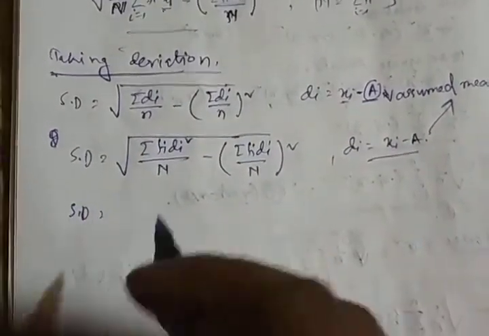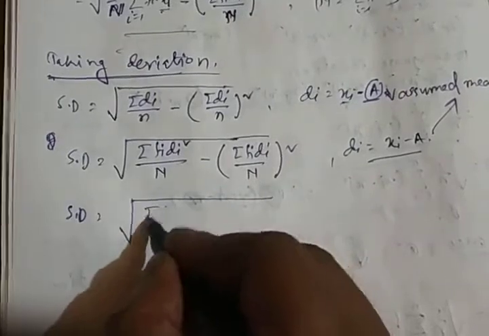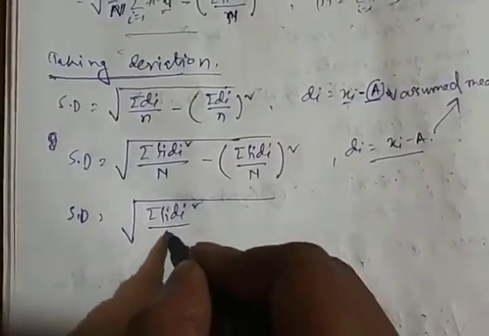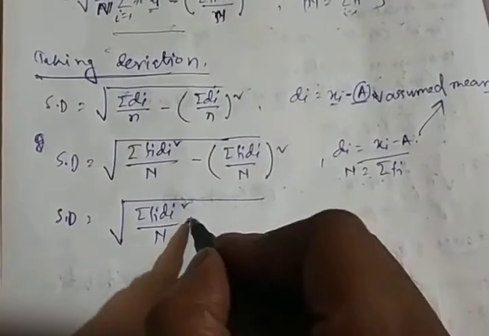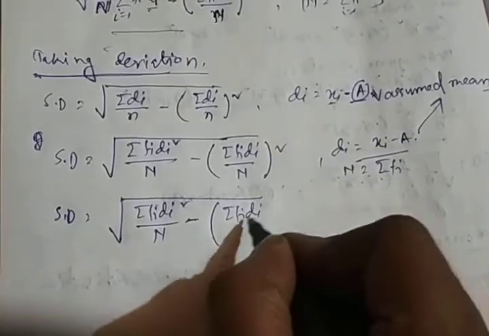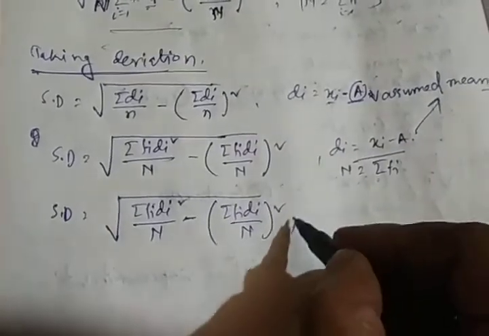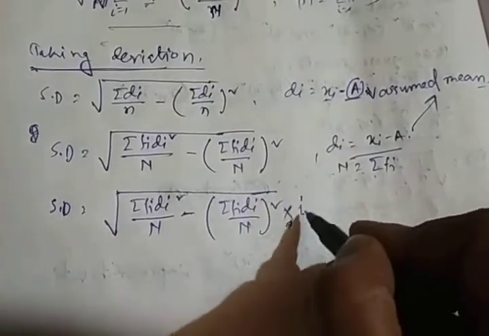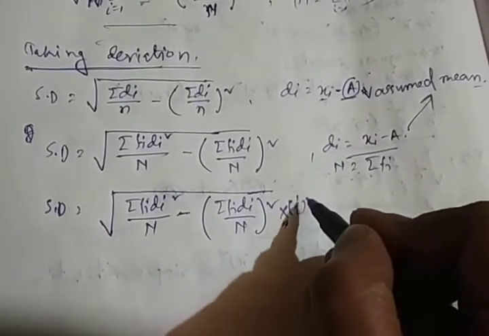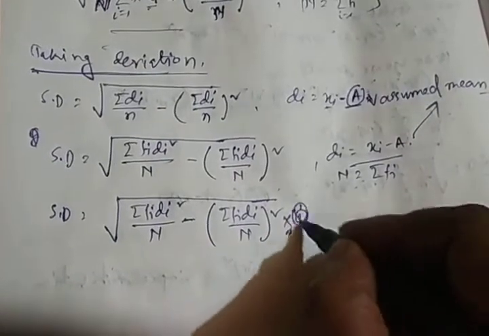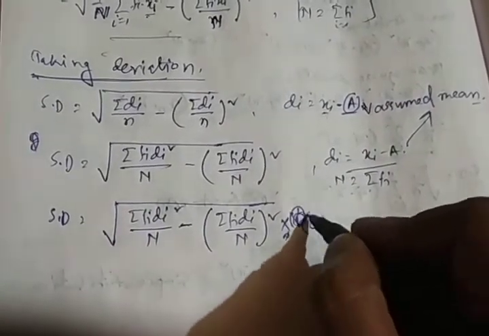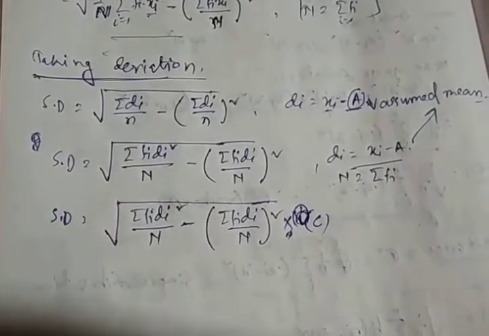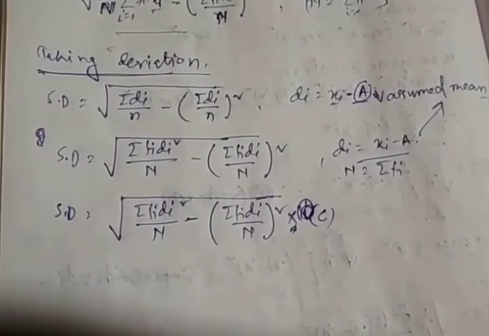And the third formula, for grouped frequency distribution, is summation fi di square by capital N minus (summation fi di by N) whole square, where capital N is also summation fi, the total number of observations, multiplied by c, which is not under the root. Here c is the length of the classes; the classes must be of equal length.